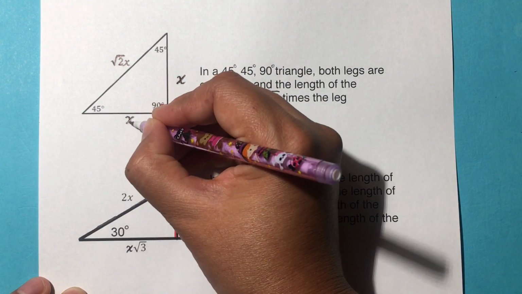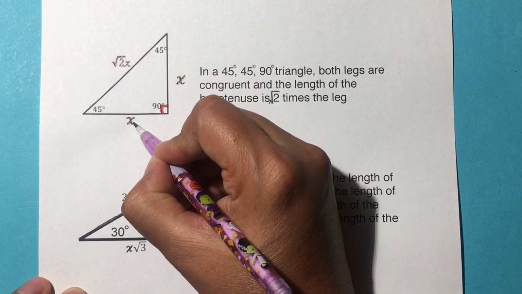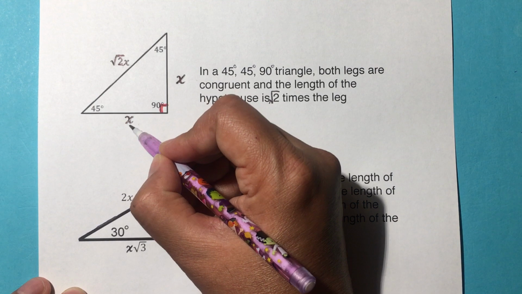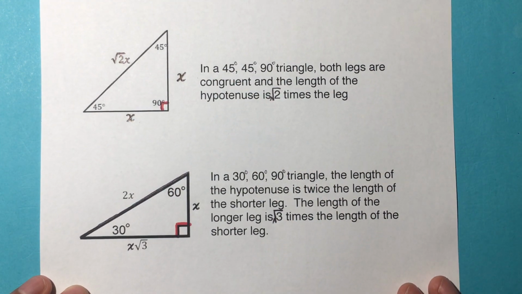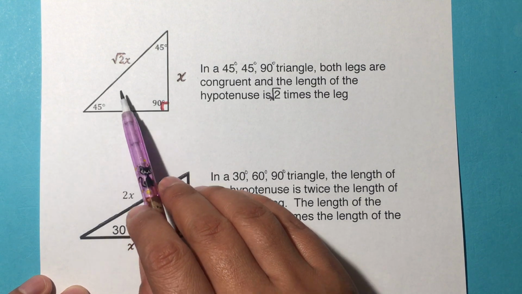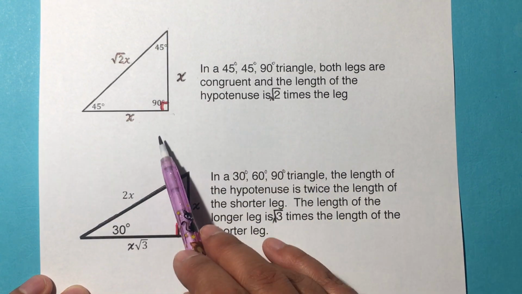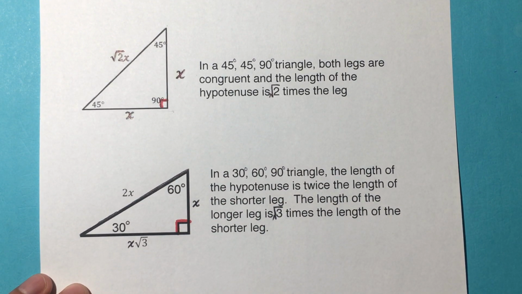If this is a 1, then it's going to be the square root of 2 times 1. If this is a 2, square root of 2 times 2. If this is a 5, square root of 2 times 5. That's the relationship between the hypotenuse and either one of the legs. And we'll see how that relates to the unit circle.